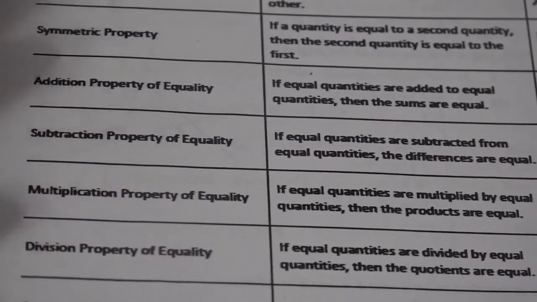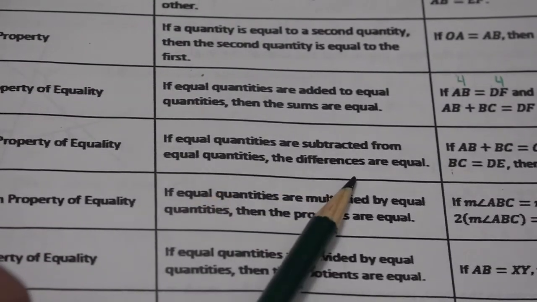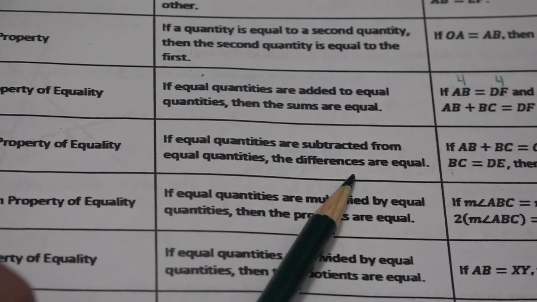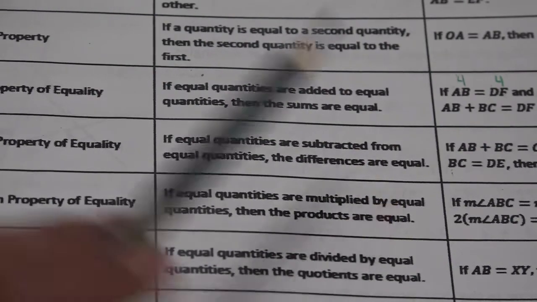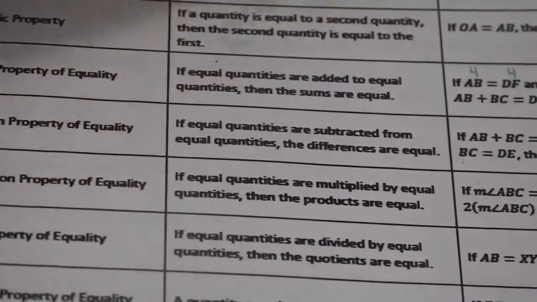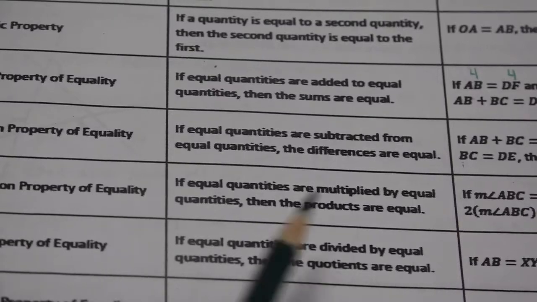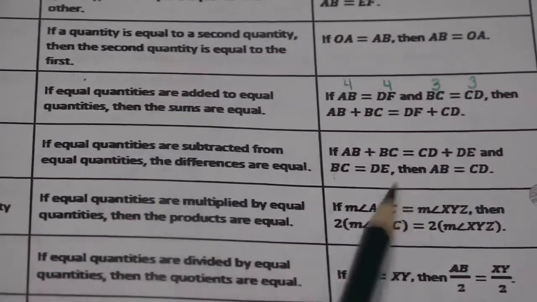Okay, subtraction property of equality. If equal quantities are subtracted from equal quantities, then the differences, which are the results of the subtraction, are equal. Let's go over the example.